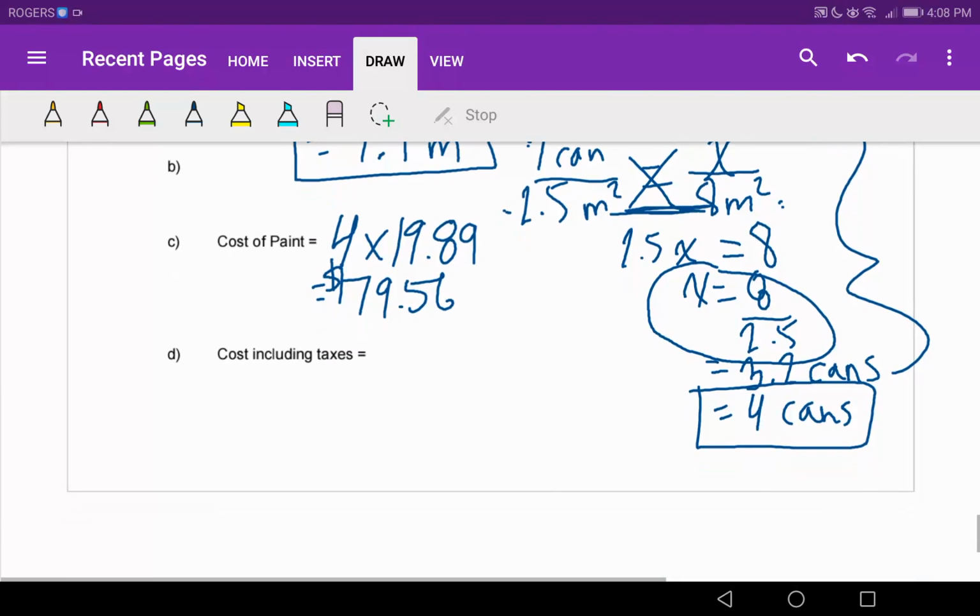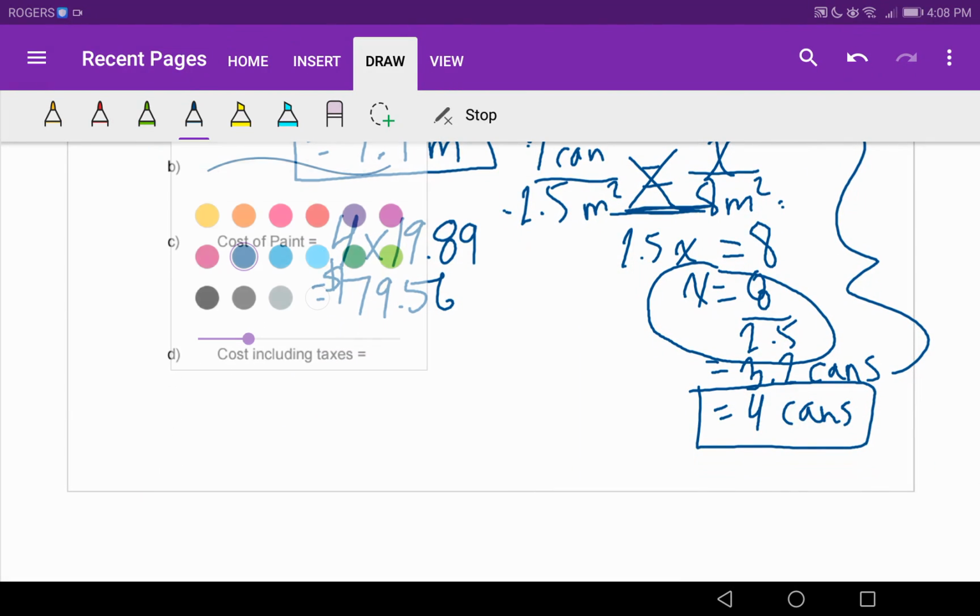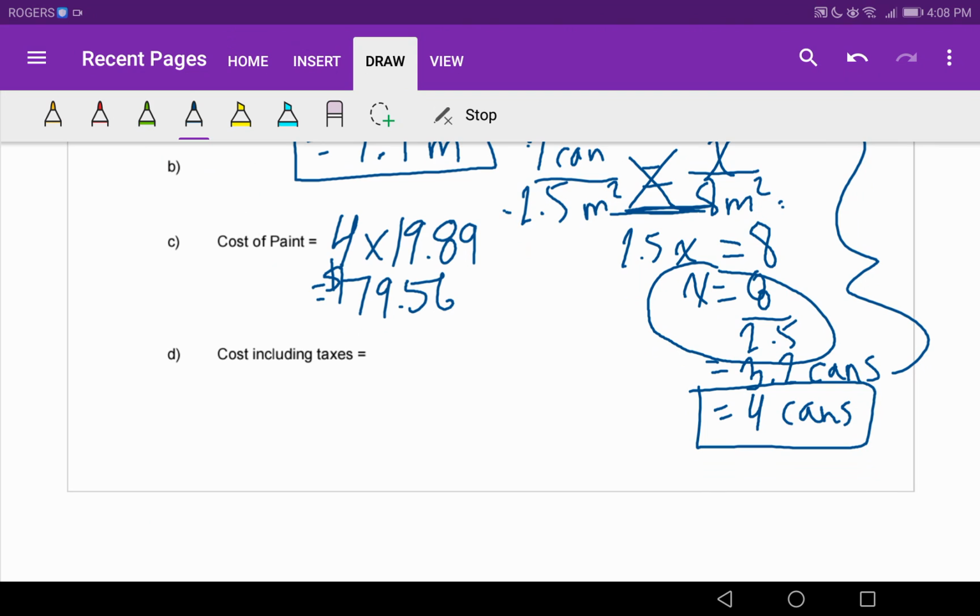No problem. We're going to take our price of $79.56, because that's how much our total price was. And now we're going to find how much including taxes. So we're going to multiply by 1.13.